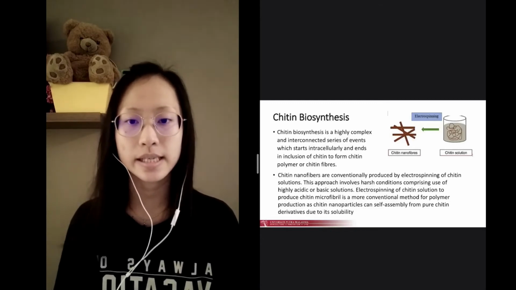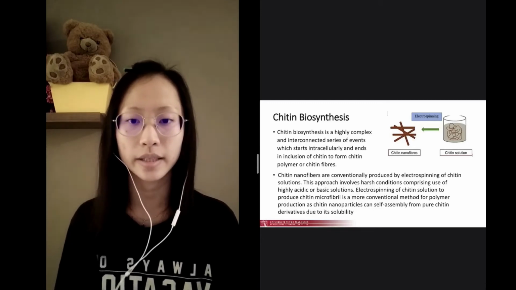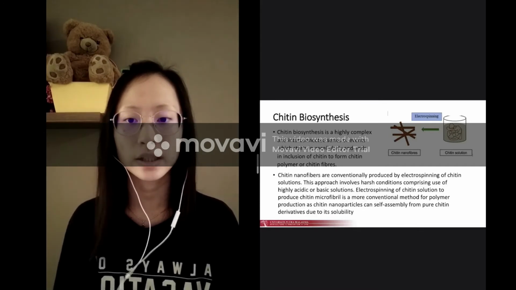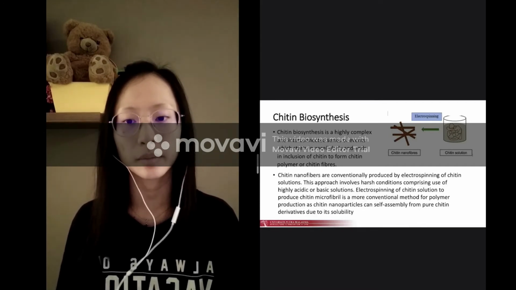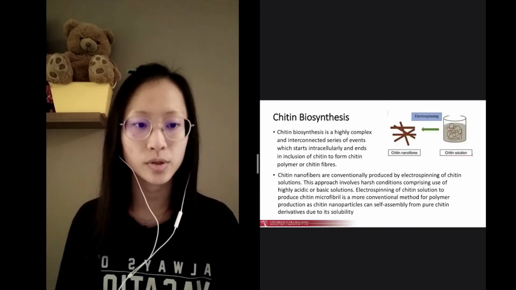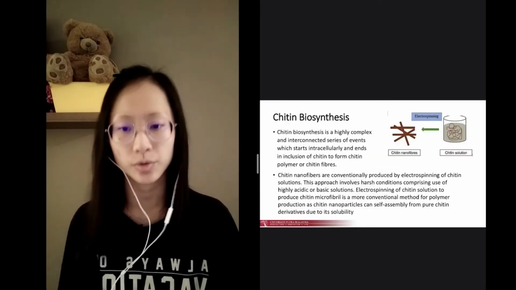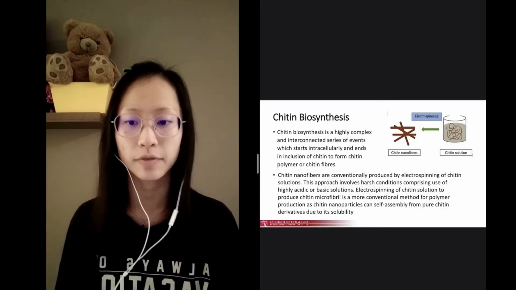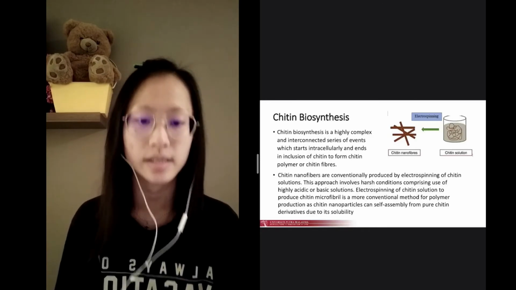Chitin biosynthesis is a highly complex and interconnected series of events which starts intracellularly and ends in inclusion of chitin to form chitin polymer or chitin fibers. Chitin nanofibers are conventionally produced by the electrospinning of chitin solutions. This approach involves harsh conditions comprising use of highly acidic or basic solutions.